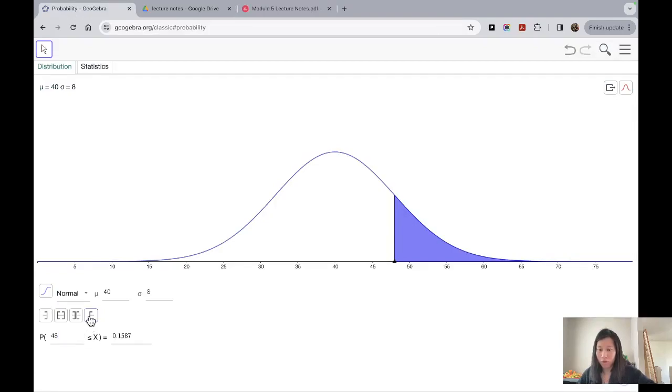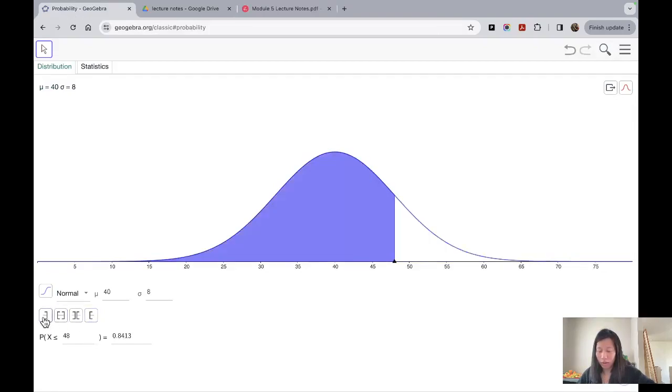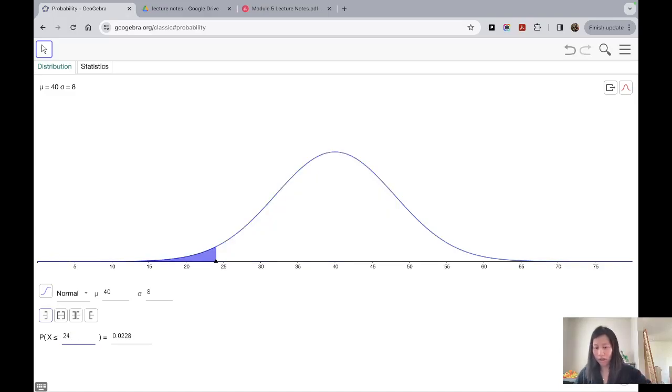That means we want to choose this one. X is less than, and you can also check it by the shaded area. If it's less than 24 inches, we got 2.28%, which is 0.0228. Again, in GeoGebra, we got 2.5, which is already very close.